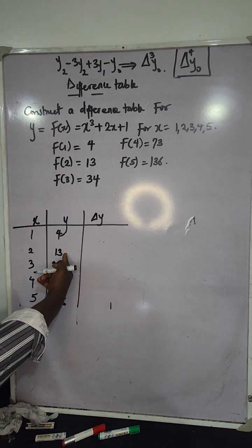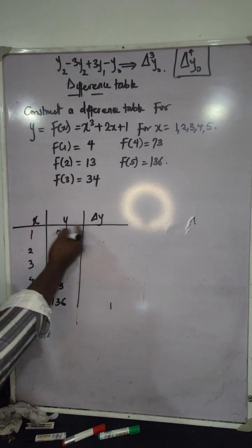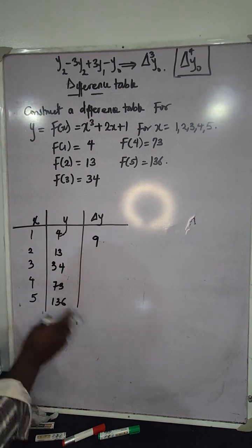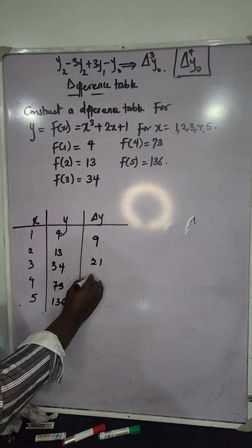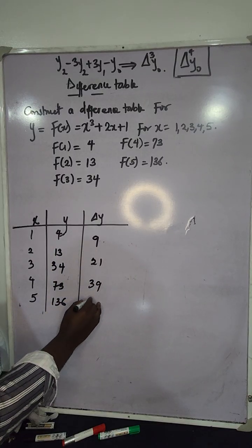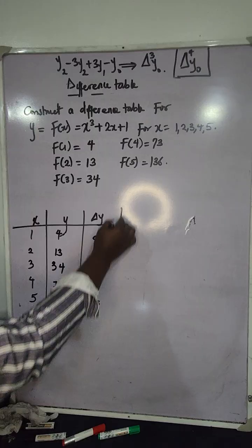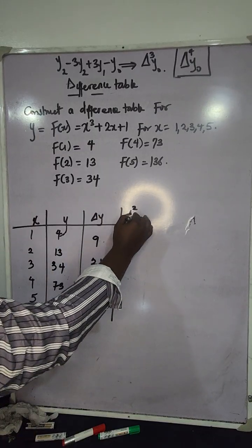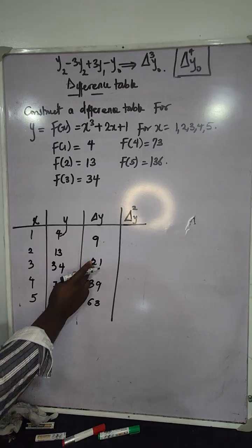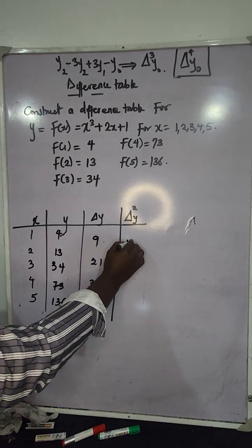So I said the change in y, the forward difference of y, is where we are going to, 13, minus where we are coming from, 4. So we have 9. The next is where we are going to, 34, minus 13. We have 21. We have 39. We have 63. Did you see that? And so here we have the forward difference squared of y. So this minus this, we have 12.